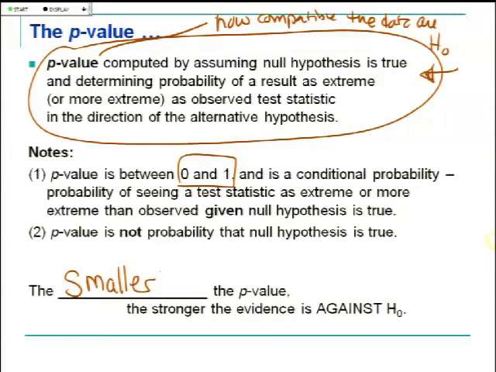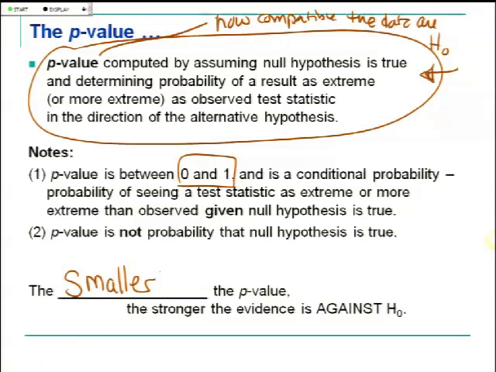If this p-value is really tiny, then it says your data would hardly ever happen under H0. So if your data doesn't look like it comes from H0, and that is the data you got from your population, then you're going to reject H0 because it's much more likely to come from the alternative instead. The smaller the p-value, the stronger the evidence against H0.